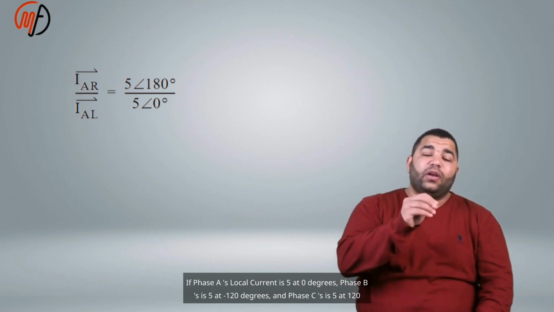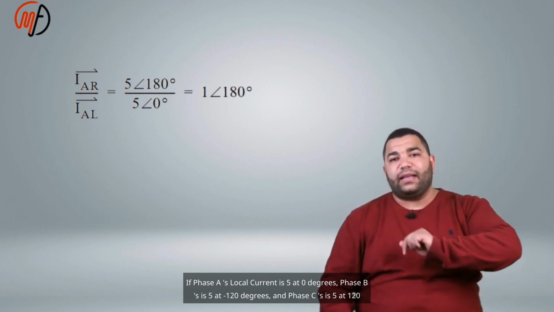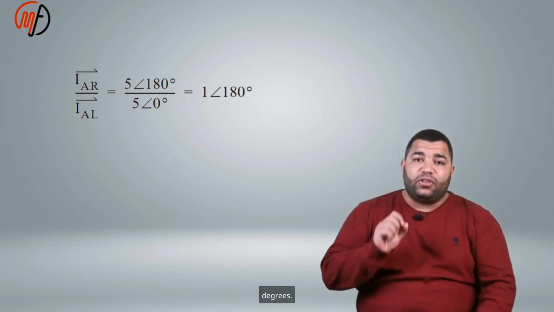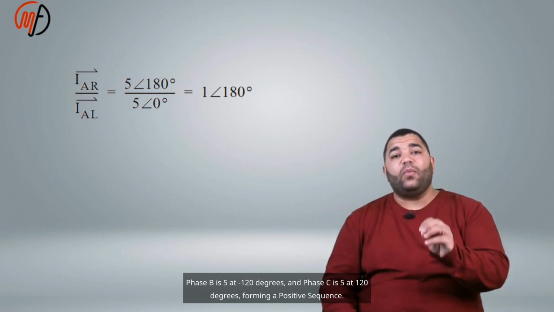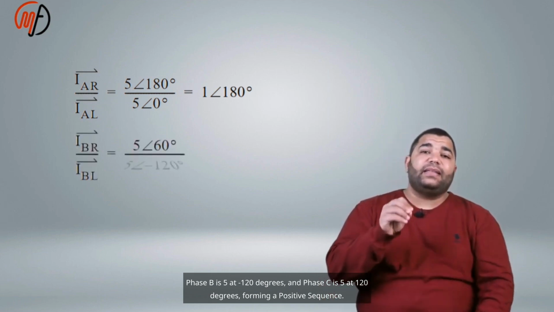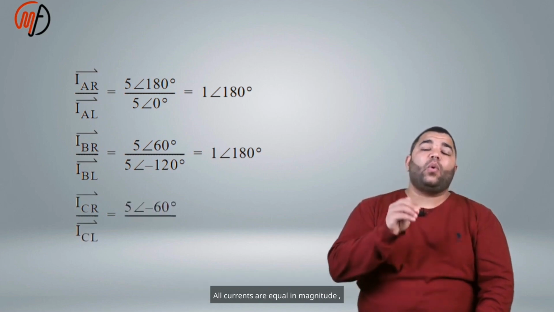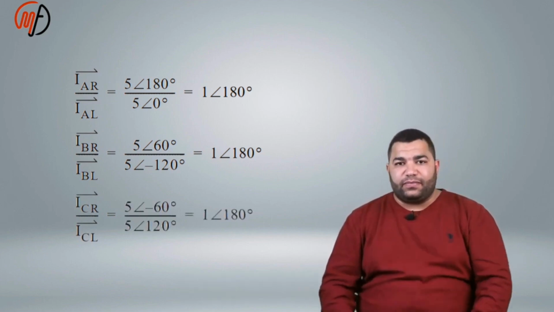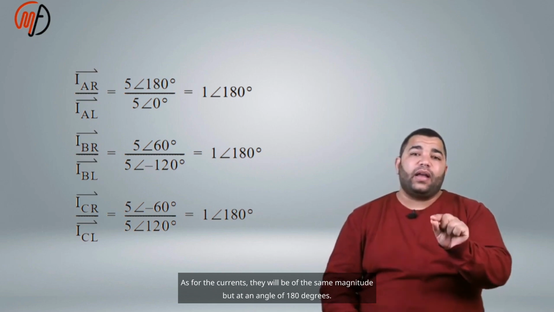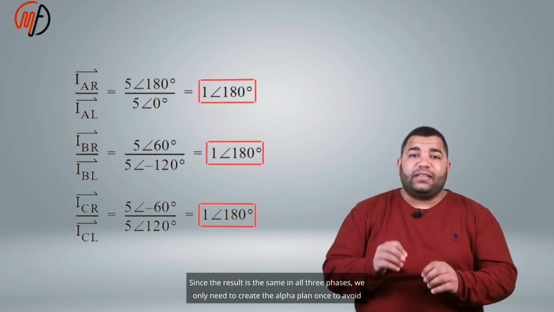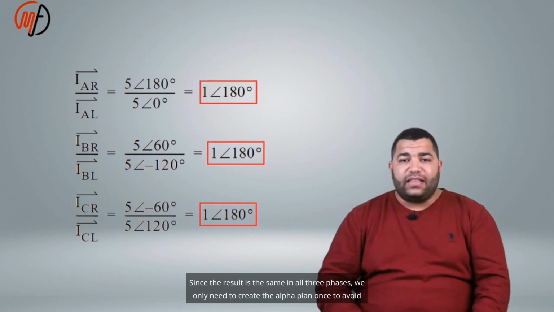If phase A's local current is 5 at 0 degrees, phase B's is 5 at -120 degrees, and phase C's is 5 at 120 degrees, forming a positive sequence, all currents are equal in magnitude. The remote currents will be of the same magnitude but at an angle of 180 degrees. Since the result is the same in all three phases, we only need to create the alpha plane once to avoid repeating it three times.